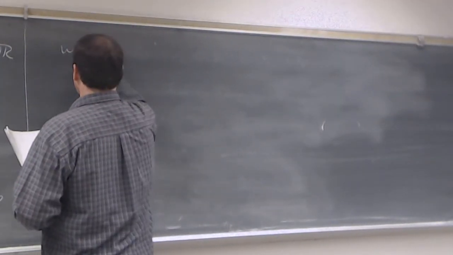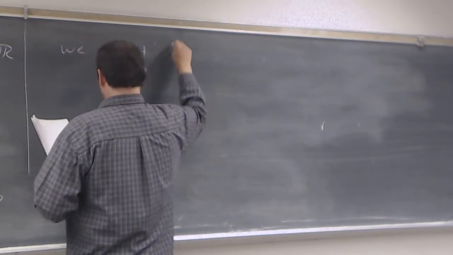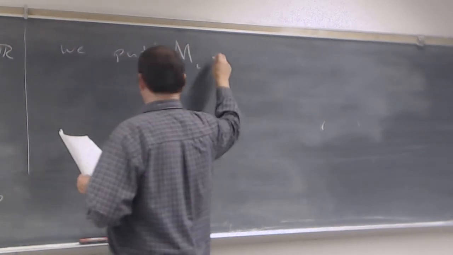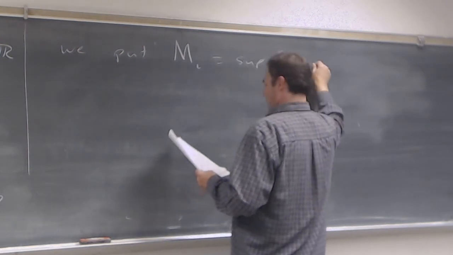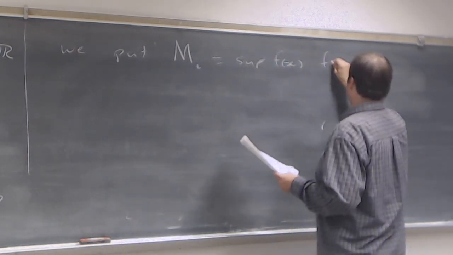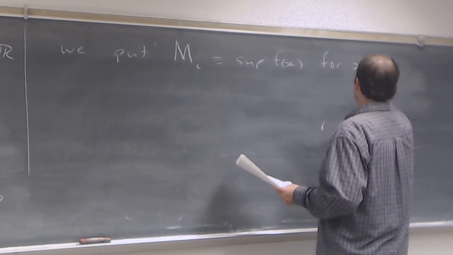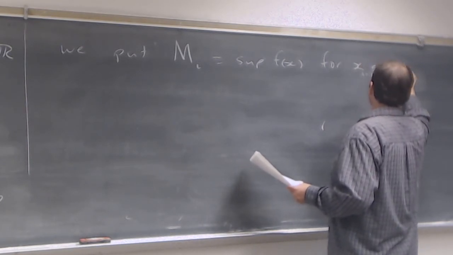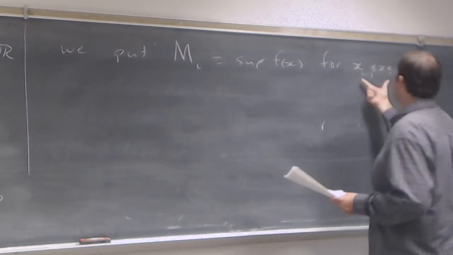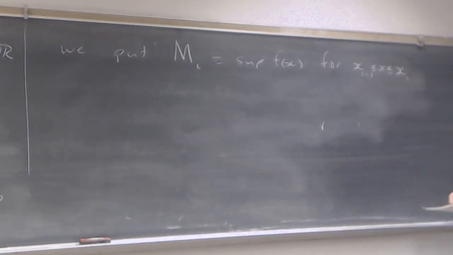And those symbols are, we put big M_i is equal to the sup of f(x) for x_{i-1} less than or equal to x less than or equal to x_i. So these x_{i-1} and x_i are going to be partition points.